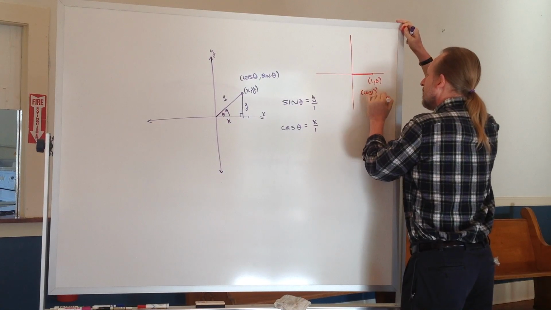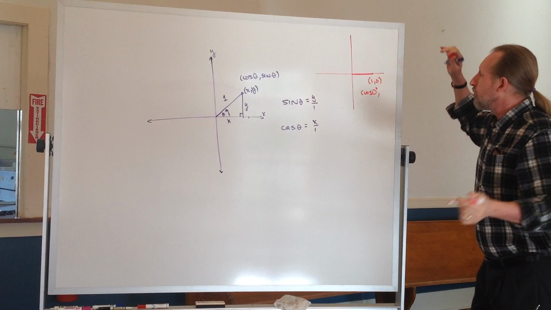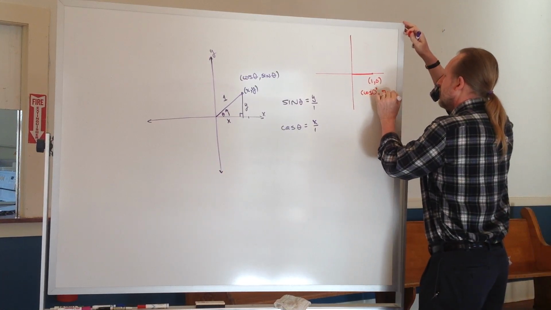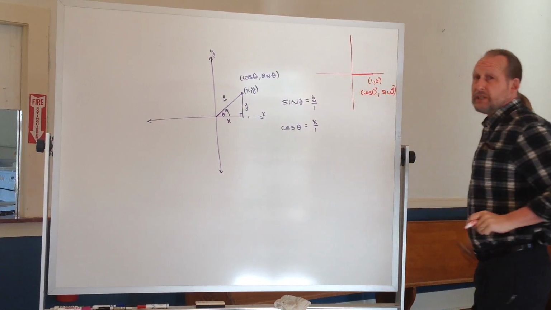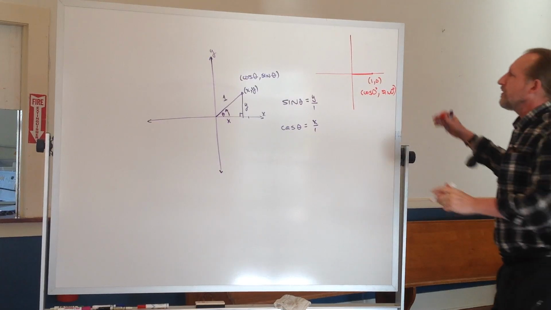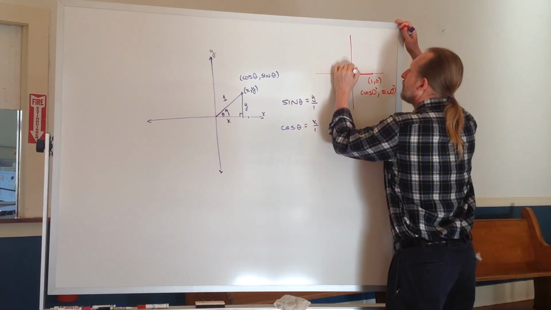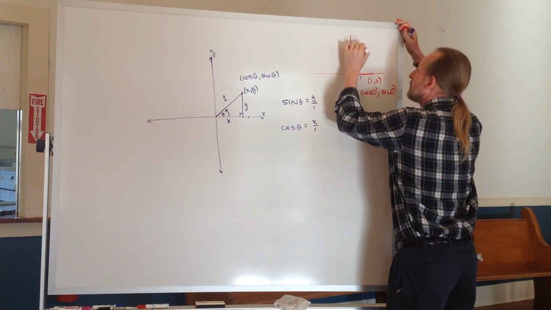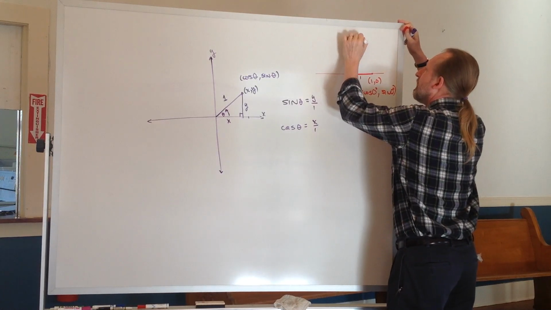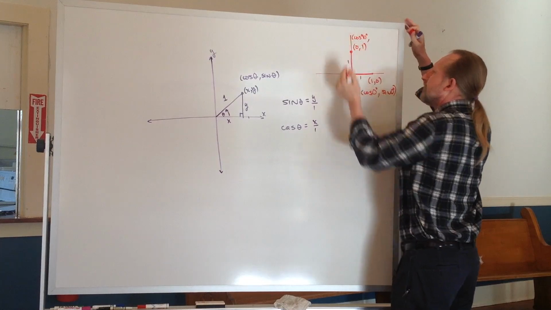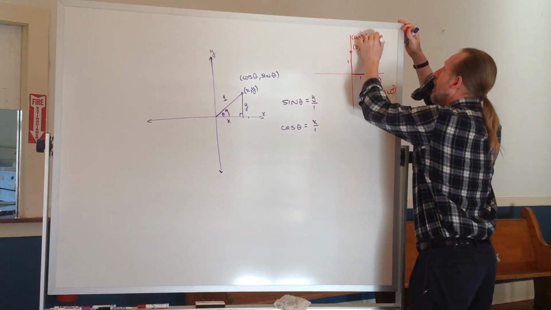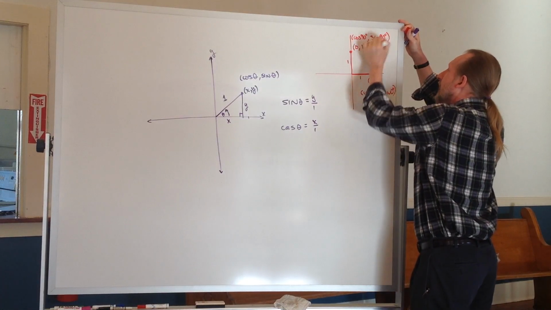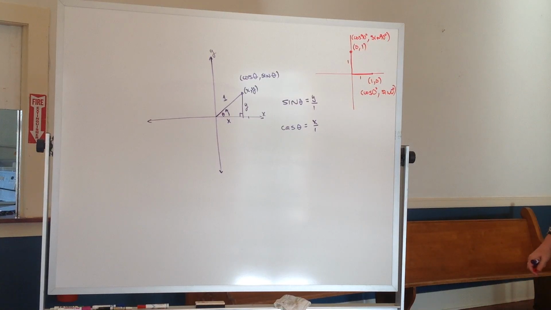That says that the cosine of 0 is 1, and the sine of 0 degrees is 0. Now, if we rotate 90 degrees in this direction, this is the point 0, 1. That says that the cosine of 90 is 0, and the sine of 90 degrees is equal to 1.